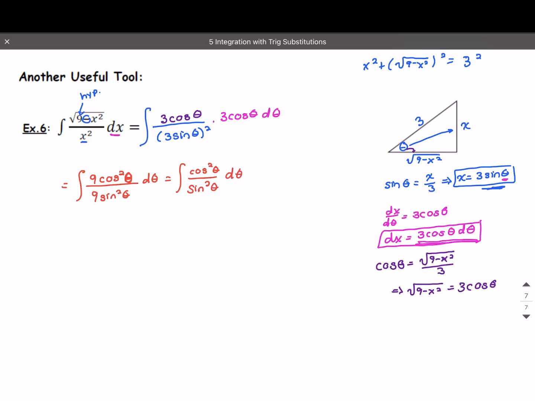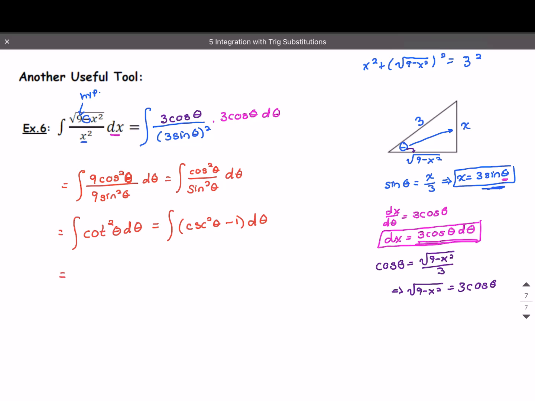Now, if it was sine over cosine, that would be tangent, but since we have the reciprocal of that, that must be the cotangent of theta being squared. Now, I don't know the antiderivative of cotangent squared theta off the top of my head. However, I do know, with a Pythagorean identity, that cotangent squared theta is cosecant squared theta minus 1 d theta. And those I do know the antiderivative of.